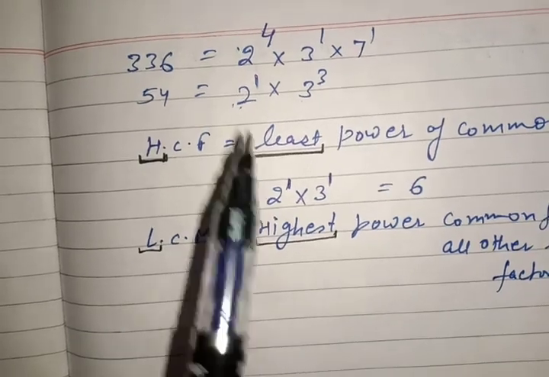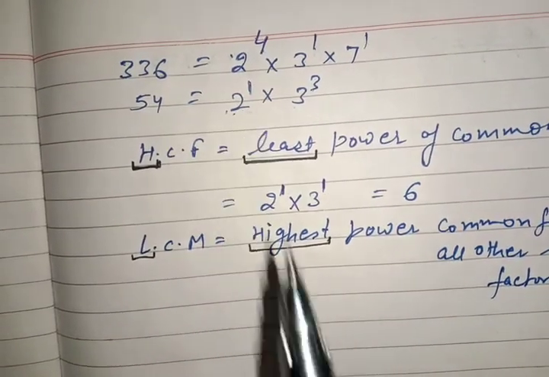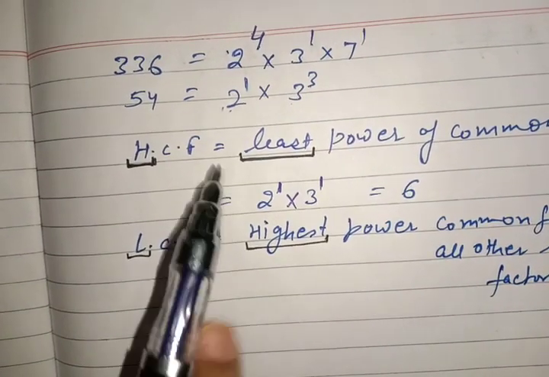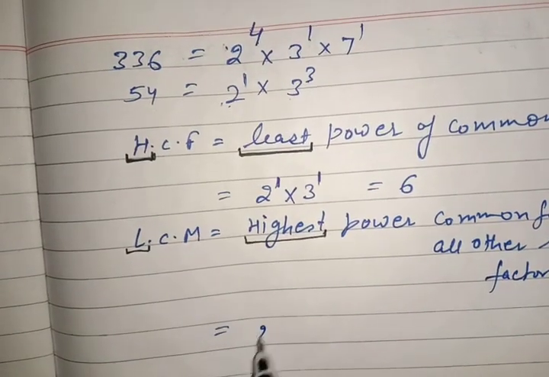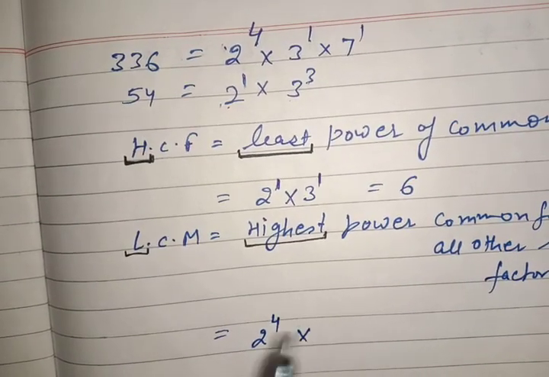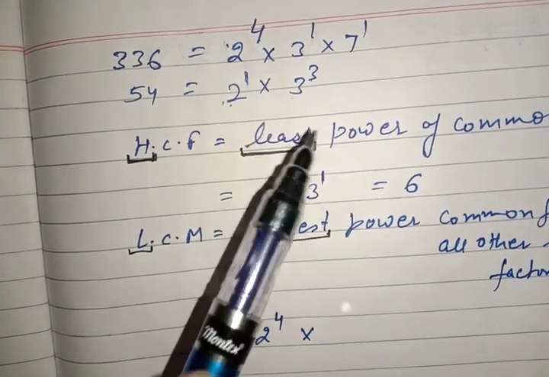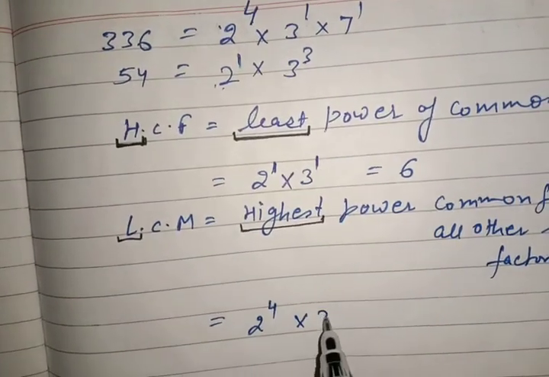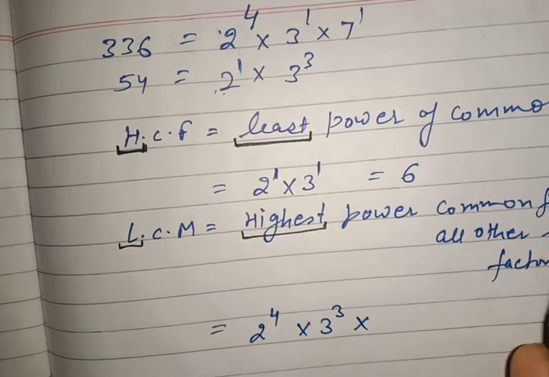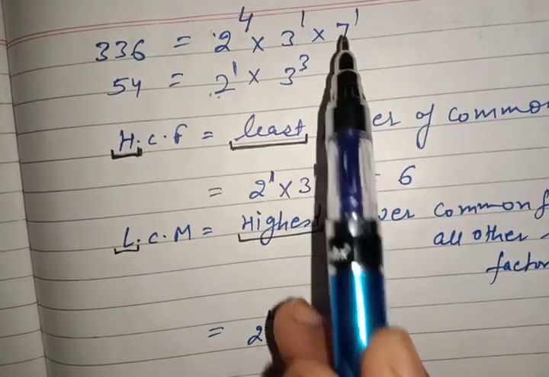So out of these two, 2 raised to power 4 and 2 raised to power 1, 2 is common in both. Which is the highest power? 2 raised to power 4. 3 is common in both. Which is the highest power? 3 raised to power 3. And what is remaining? 7 is remaining.